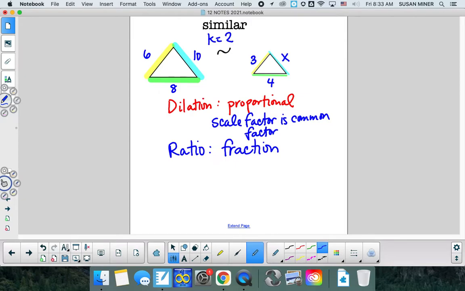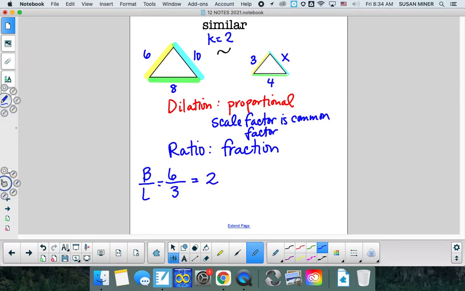I could figure that out by setting up a ratio of side length to side length. Because I know dilations are proportional, I can say, hey, the ratio of side length from the big triangle to the little triangle, right, would be 6:3. And then I just reduce that or divide it, right? 6 divided by 3 gives me my scale factor of 2.